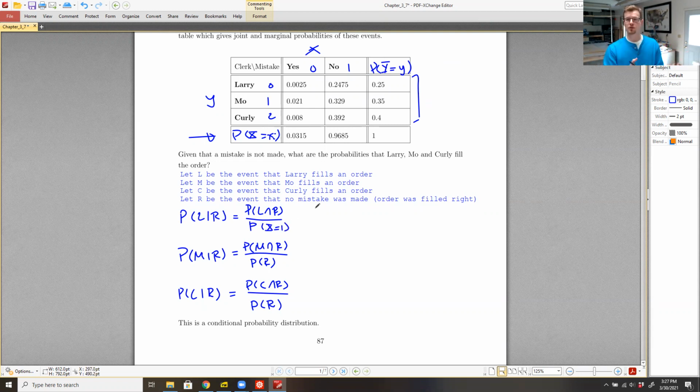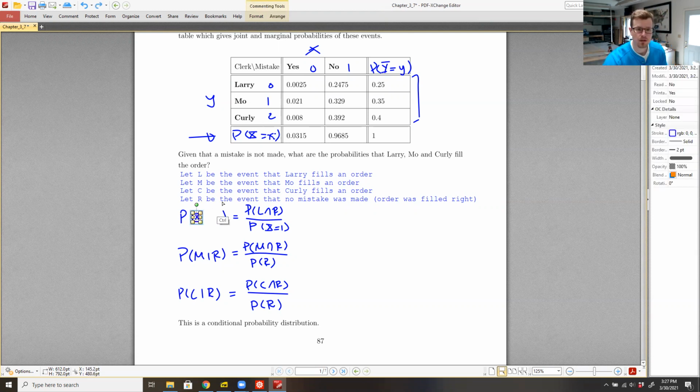This is what we're looking at in the context of discrete random variables. We'd be looking at the probability that Y is equal to 0 given that X is equal to 1.